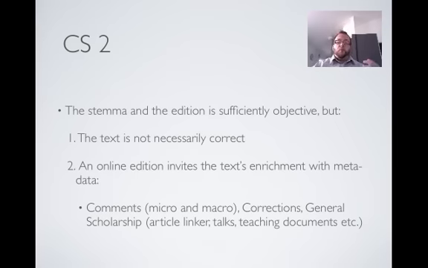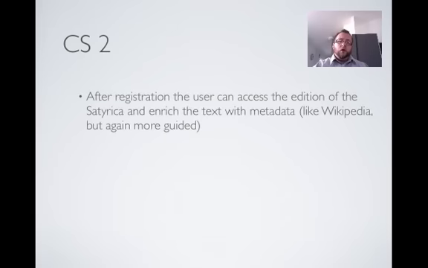So there are comments, micro and macro. You can comment on the complete Satirica, you can comment on sentences or words, you can propose corrections, and there's some general scholarship on it as well. So after a registration process, and it's important to register because we actually want to have some learned audience. We don't really want public people that can access it, they should access it, but we want to make sure that they actually have some knowledge.